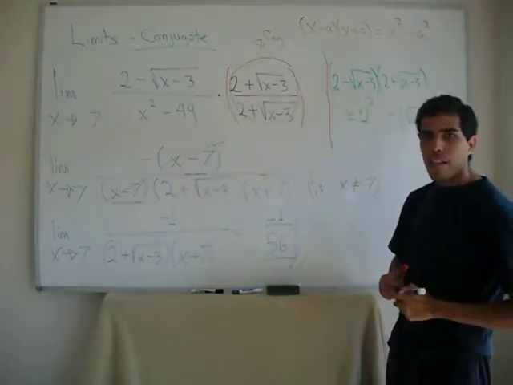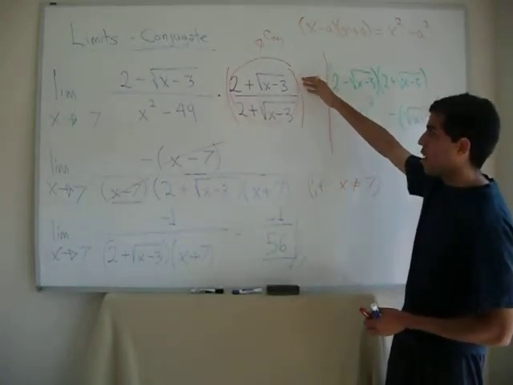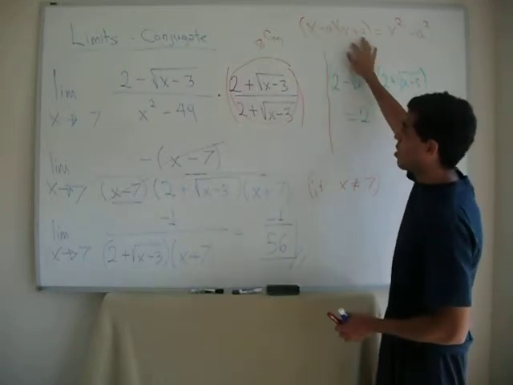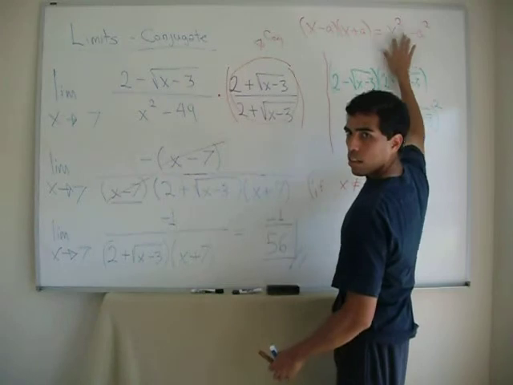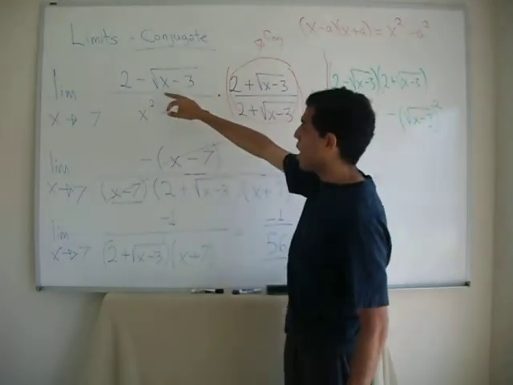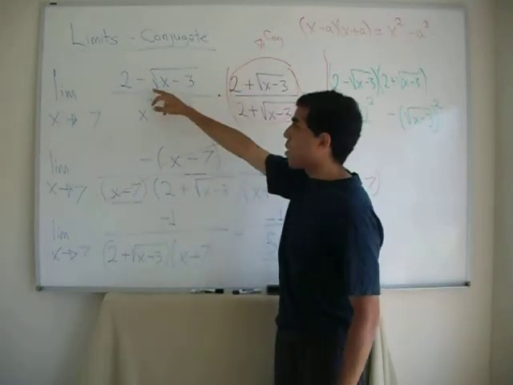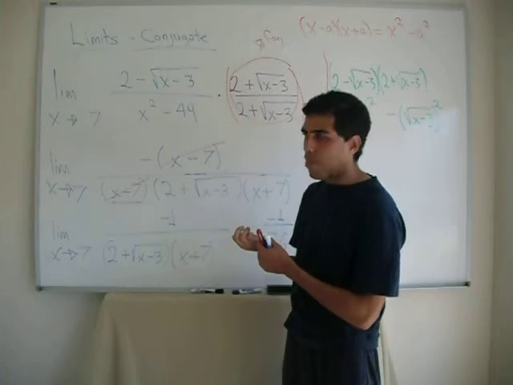All I did was multiply by the conjugate, 1, the complement of this expression following this rule right here. When I did that, I ended up with 4. We got rid of the radical. We changed the sign because we did a common factor.